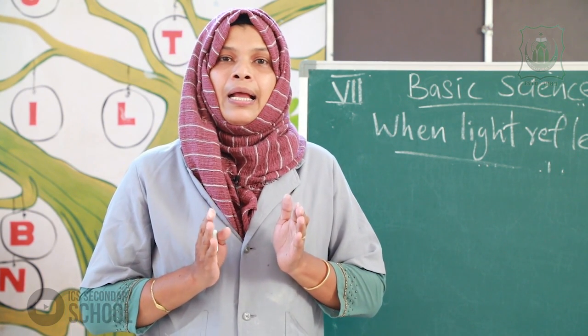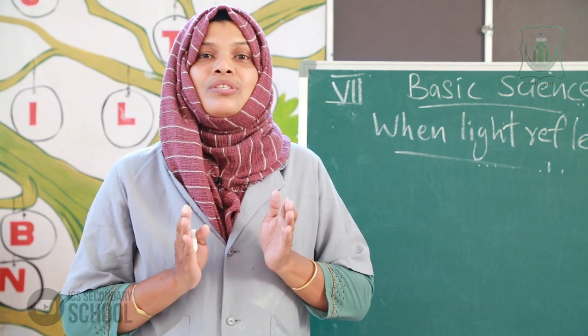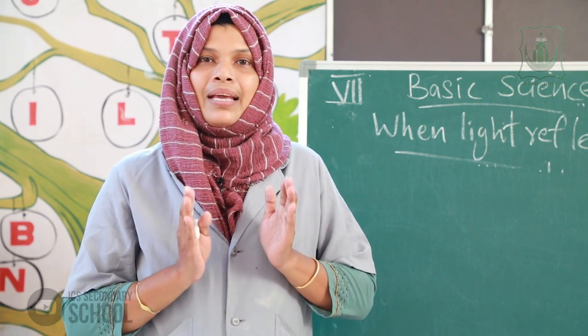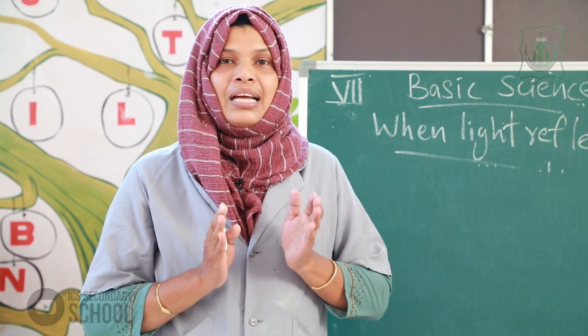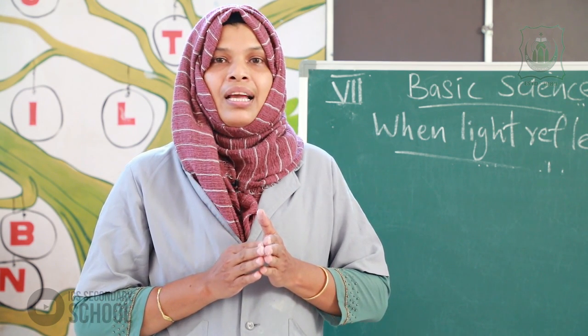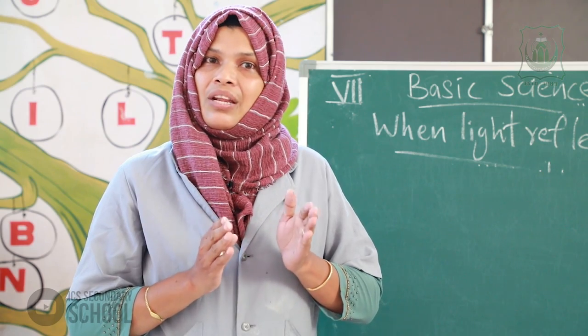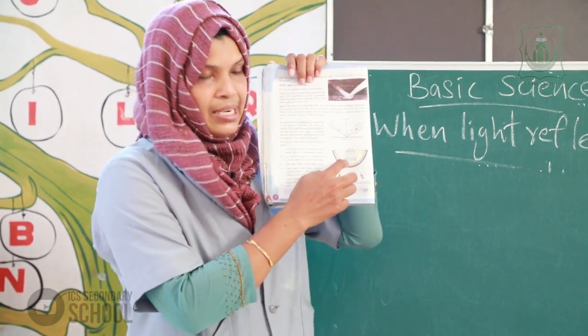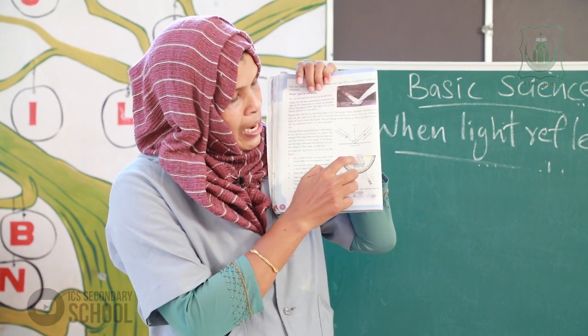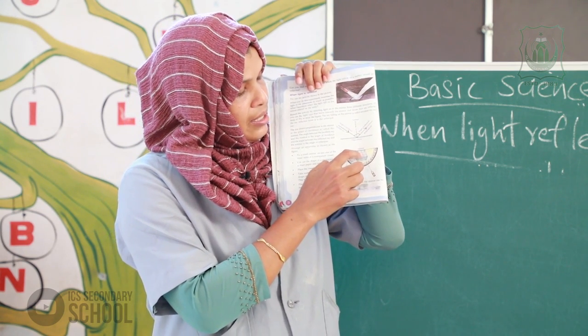Then place a laser torch at an angle and focus the light on the mirror. You can see the light reflected. Look here, this is the transparent vessel, and a mirror is placed in it.